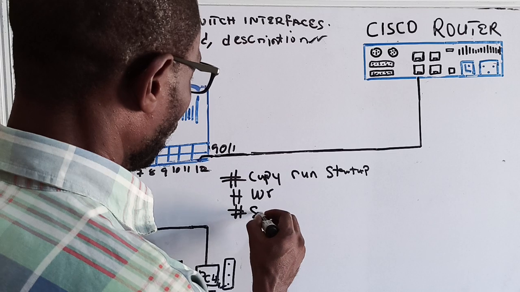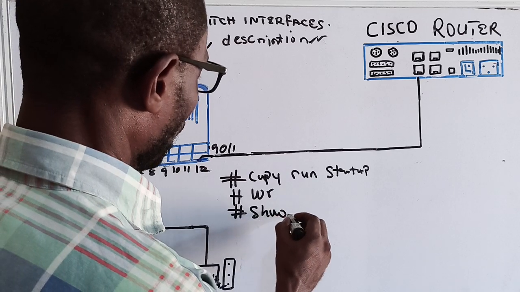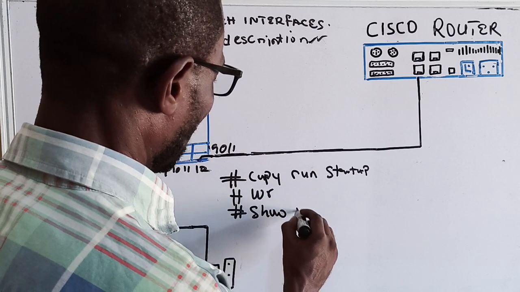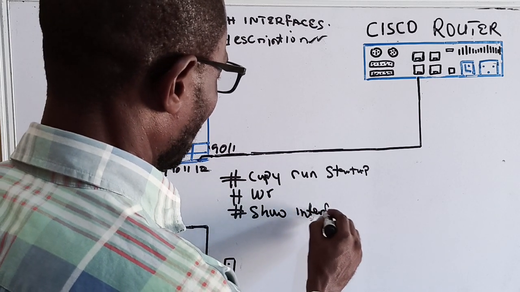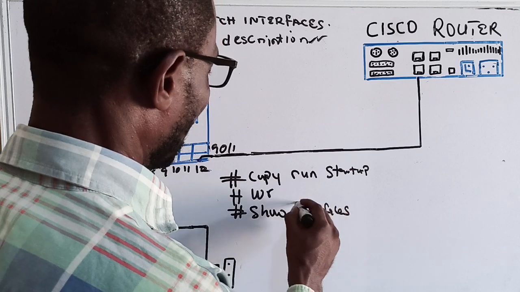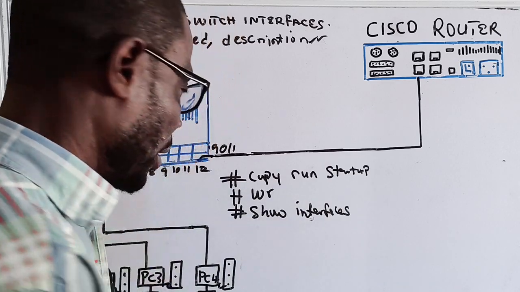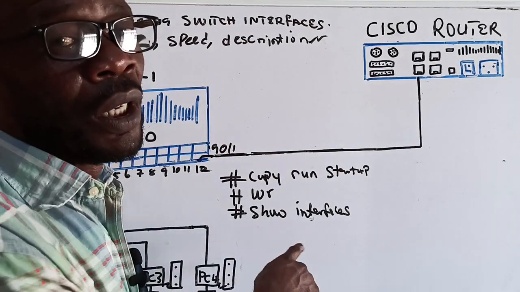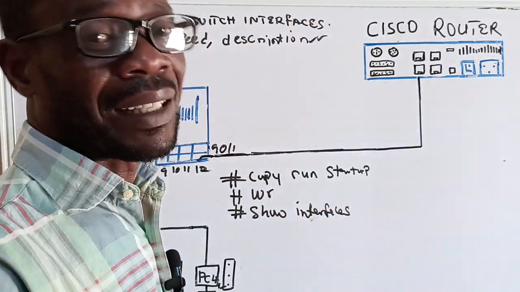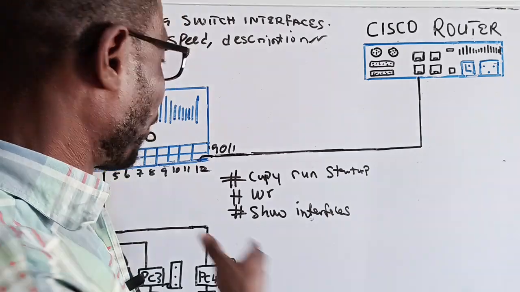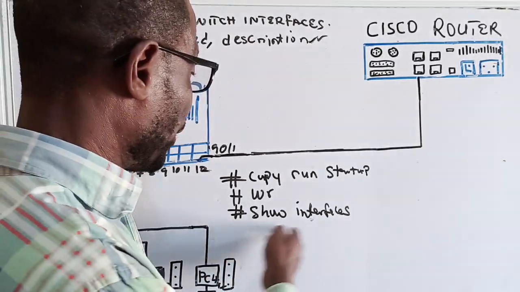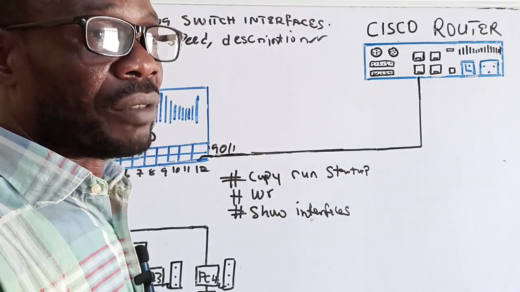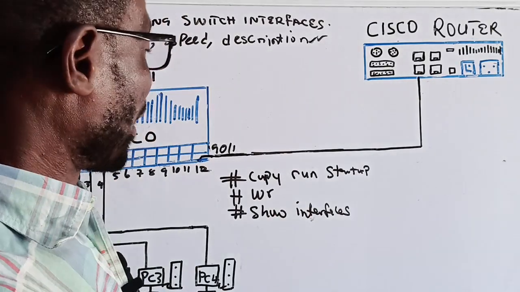So from privilege mode, you do show run and see the saved configurations. You do show interfaces again, to recheck. Remember at the beginning, this is the first command issued to check the interface status, before you do some configuration. Then you do it after configuration. That's one description.